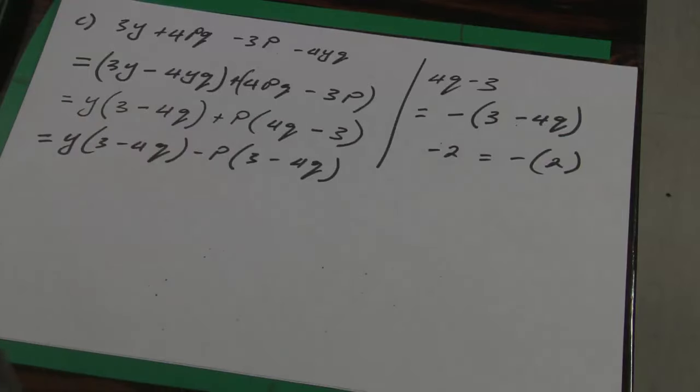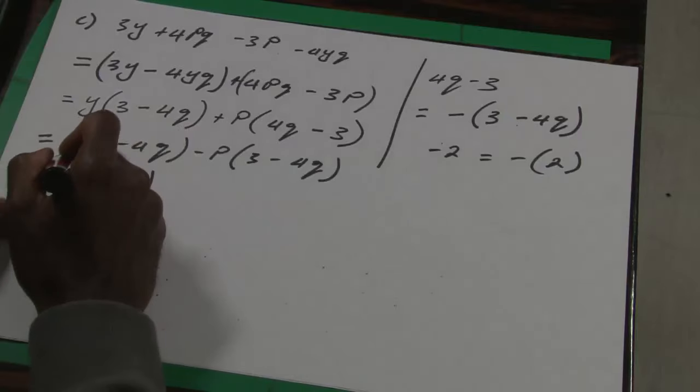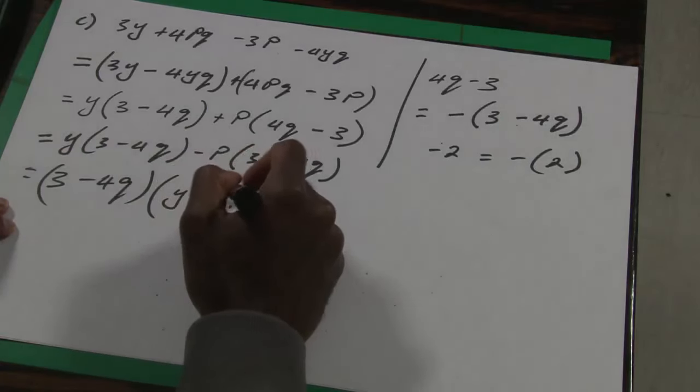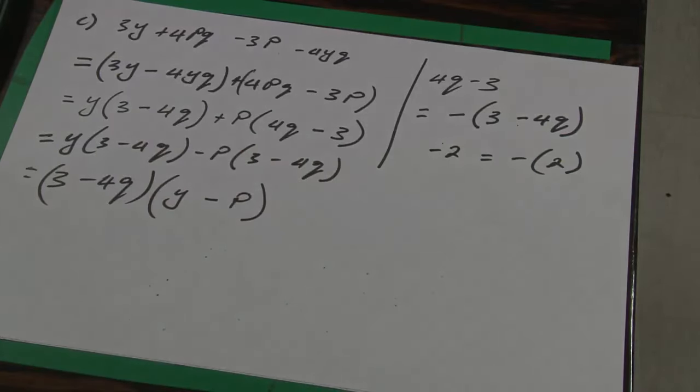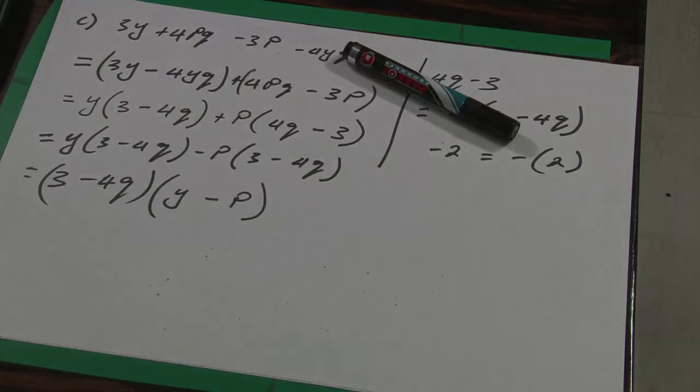Now, your 3 minus 4q is common to the two terms, and therefore we can factor it out, and we can write it as 3 minus 4q. And then for the first term, we are left with y, and for the second term, we are left with p. And now we have managed to factorize our algebraic expression into products of simpler expressions. But remember, these two are still the same.